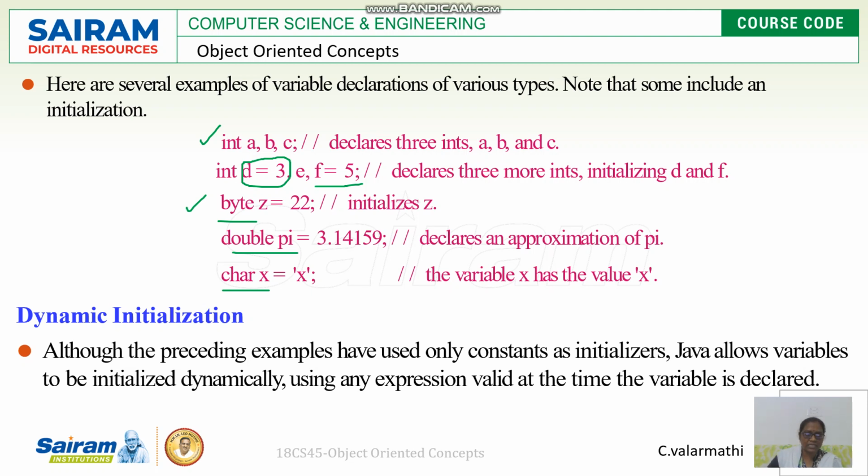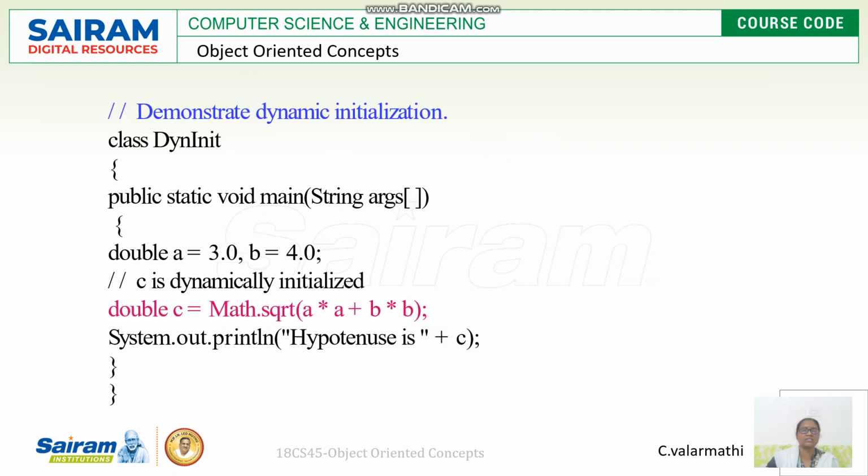Apart from these declarations and initializations, there is another type called dynamic initialization. What is meant by dynamic initialization? When the program is executing, at execution time, if some variables are declared and assigned, that kind of initialization is called dynamic initialization.